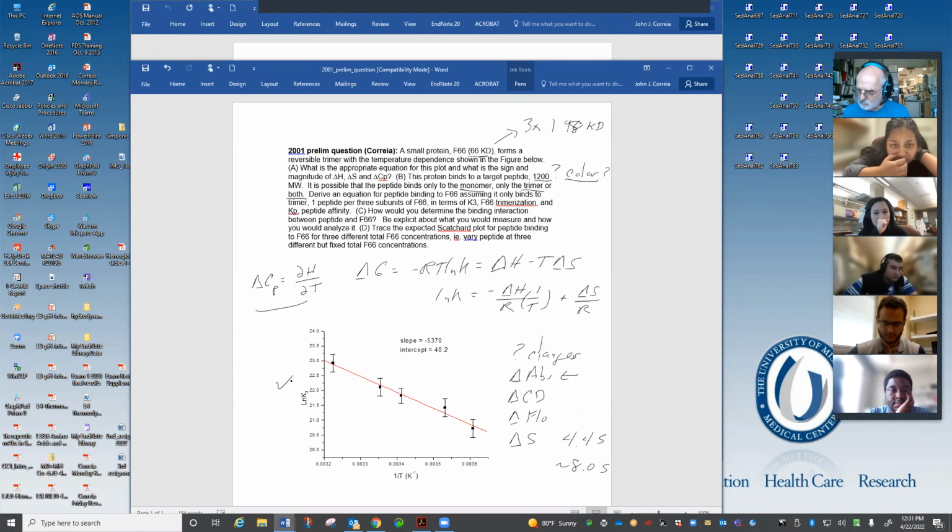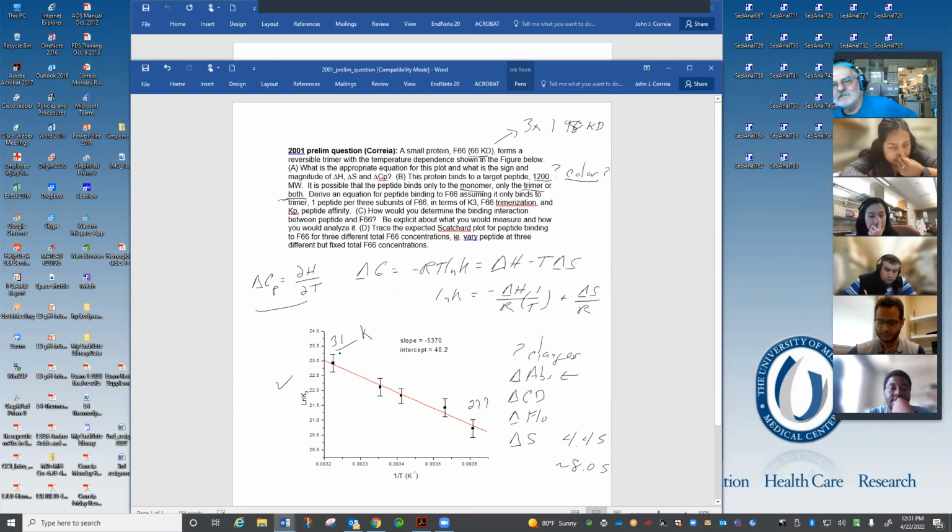So 0.0036, that's 277 degrees out here. That's about 4 degrees. And then 1 divided by 0.0032, that's 312, 313 degrees Kelvin.